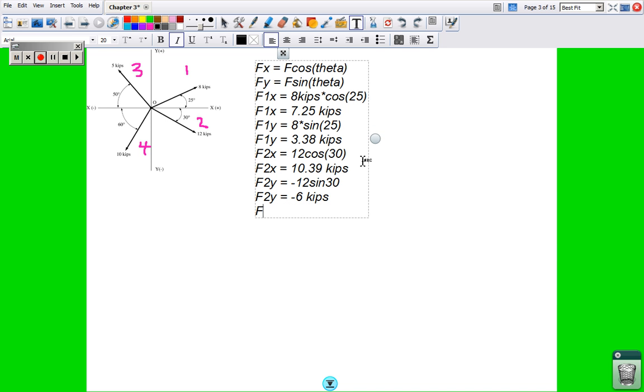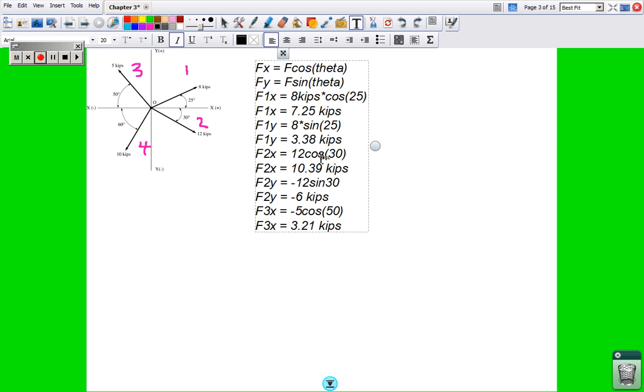Okay, F3x is going to be negative because you see here it's in a negative x quadrant. Negative 5 cosine 50. And F3x is negative 3.21 kips.